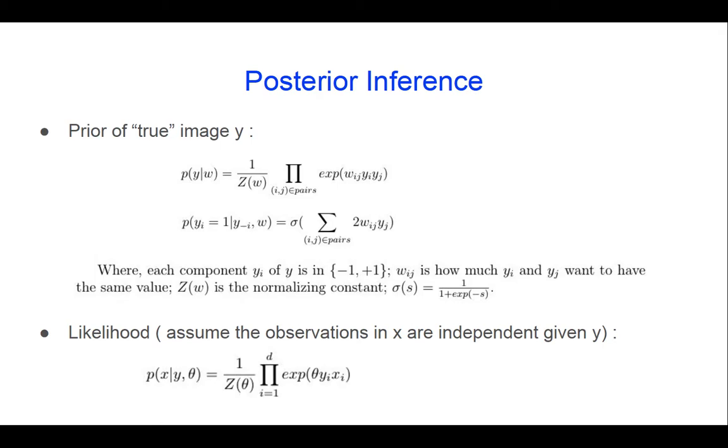Actually, there are a lot of ways to define the likelihood. We can define it as the normal distribution or other distributions. But here we simplify the model. We assume there is a linear relationship between the true image and the observed image.